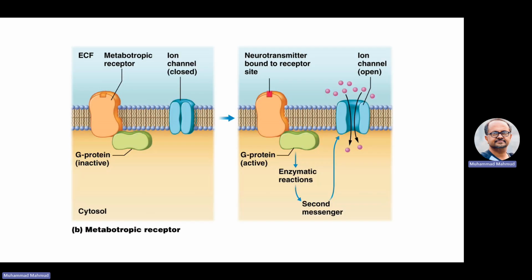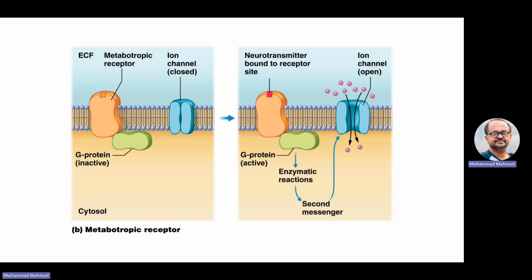Take a look at this picture. What do we see? On the left side, this is the metabotropic receptor, that orange color protein, and it is connected to a G protein inside the cell, in the cytosol. And the blue gate, the ion channel gate, is closed now.